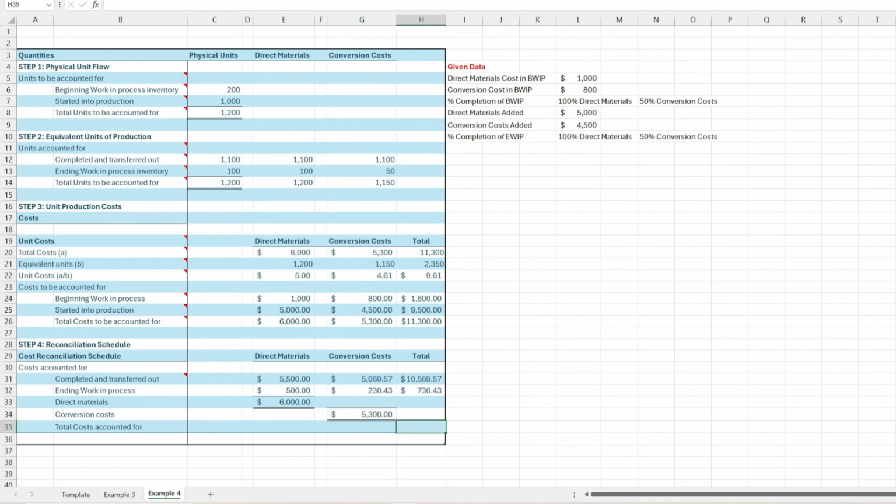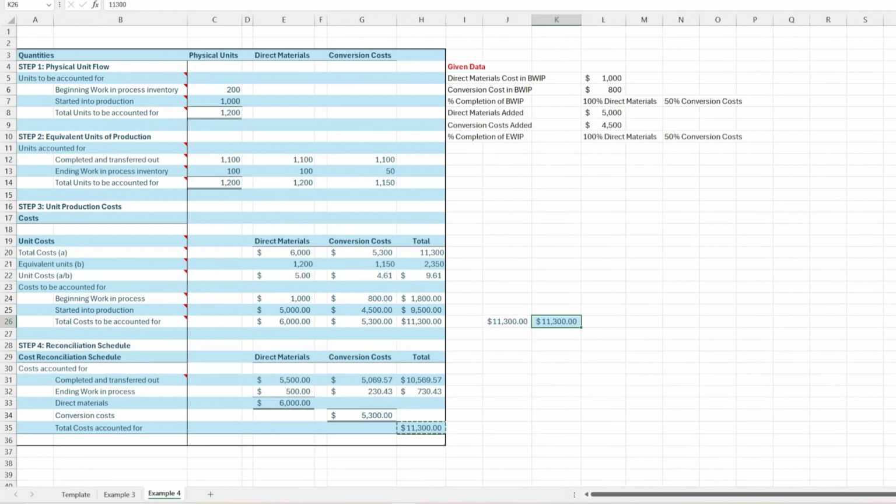And for total costs accounted for, we could do either this plus this, which gives you 11,300, which is identical to this. You can see if I copy paste it here, put the number, you guys can see it's the exact same thing. And this is from total costs accounted for.